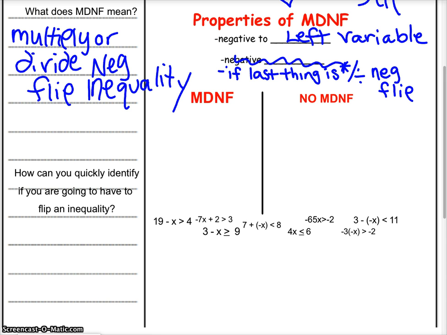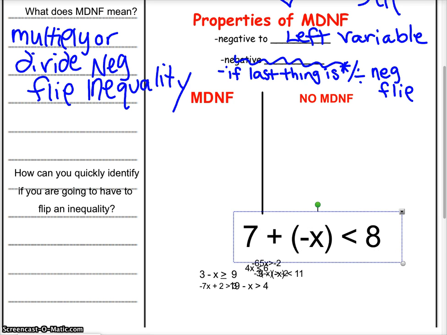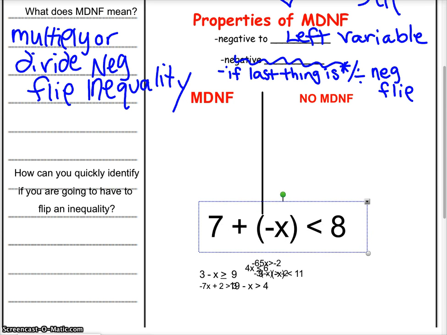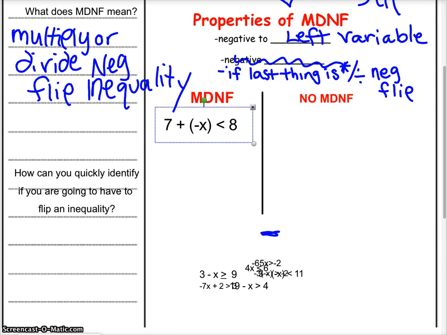Is there a negative to the left of this one? Yes or no? No. Is there a negative to the left? Yes, there is. Okay, so this, I would MDNF it. In the end, I would have to flip the inequality. Otherwise, it's not a true statement.